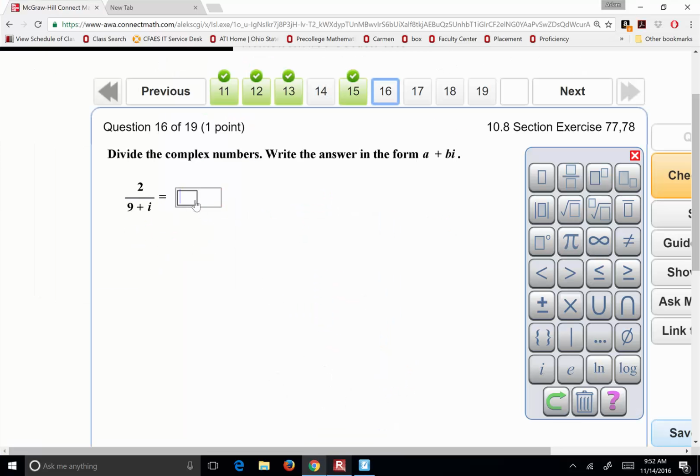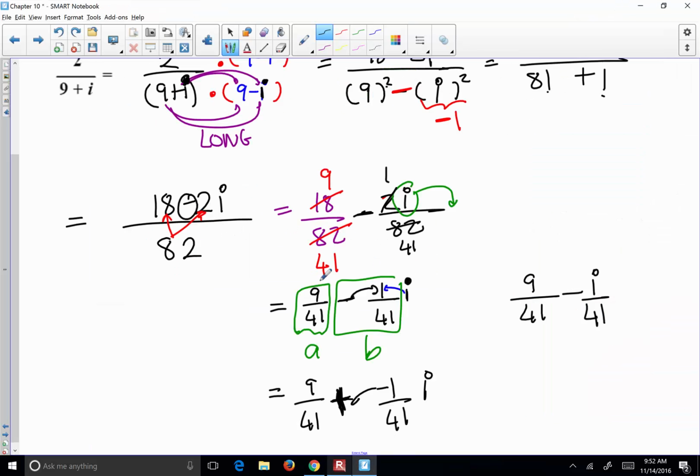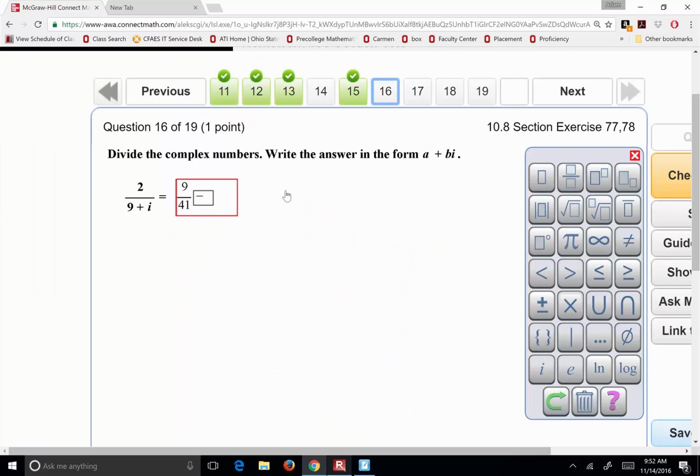So this is, what was it, 9 over 41, and then minus, what is it, 1 over 41. I'm trying this answer. I want to try i on the top. Let's see if it's going to like that. i over 41.